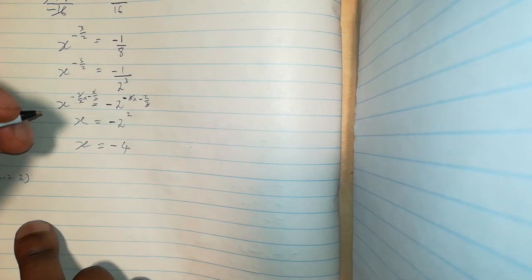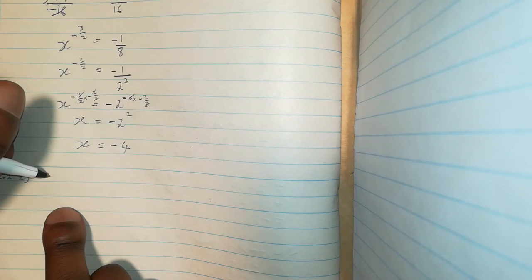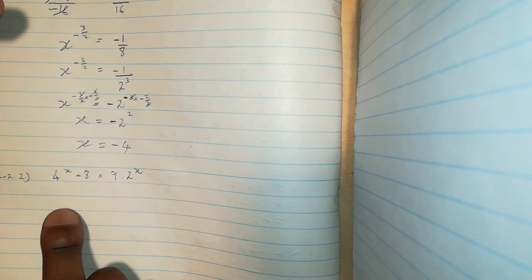The next question is also on solving equations. So you need to solve the equation 4 to the x plus 8 is equal to 9 times 2 to the power of x. So what do you do here?